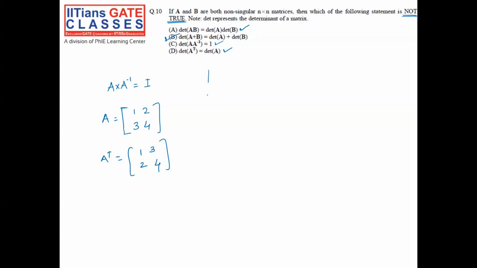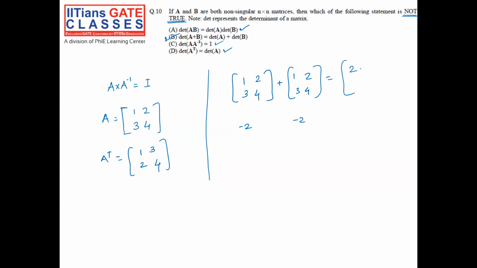Let's take a simple example to explain. 1, 2, 3, 4 is the matrix, for example. The determinant of this matrix we know is -2, that is 4 minus 6 is -2. Similarly, for 1, 2, 3, 4, the same matrix again, we get -2. If we add them, what will happen? It is 2, 4, 6, and 8.